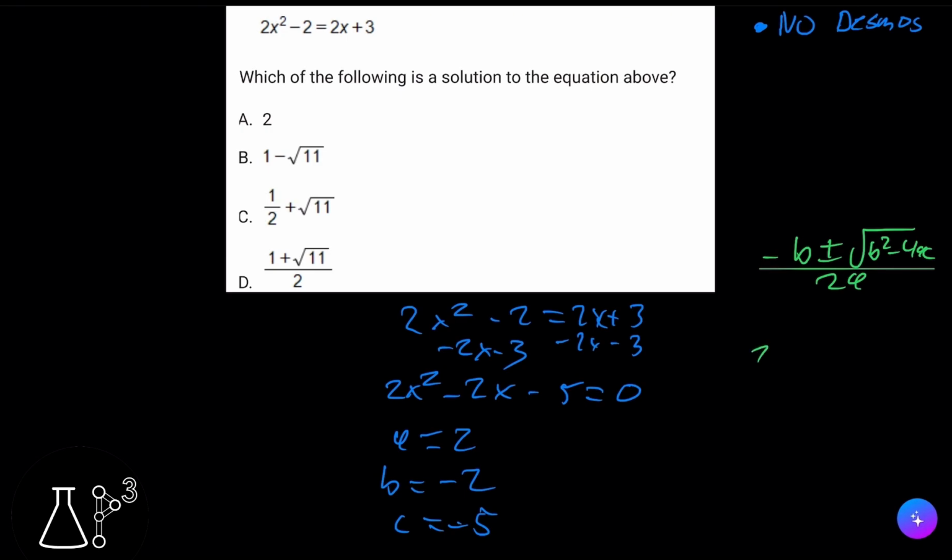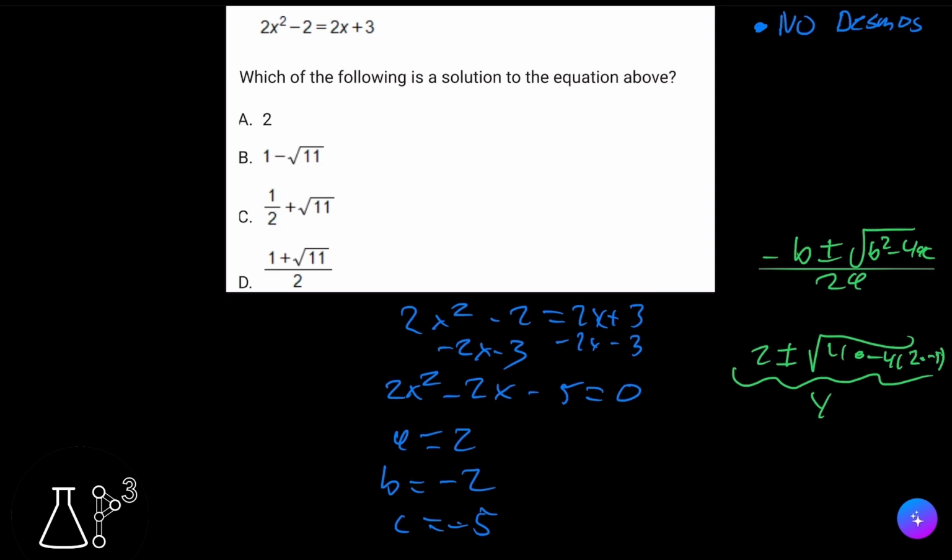So positive 2 plus minus the square root of negative b squared, which equals positive 4, multiplied by negative 4 with positive 2, and then with negative 5, and then 2a, a equals 2, then 2 multiplied by 2 equals 4.